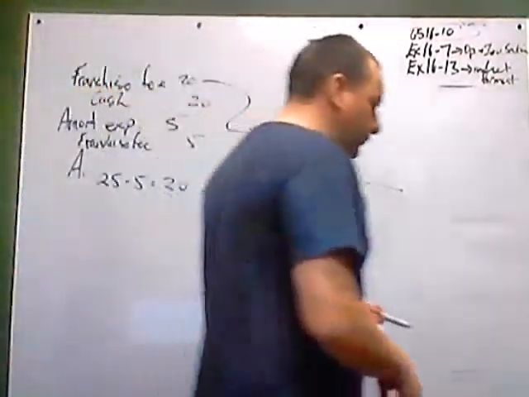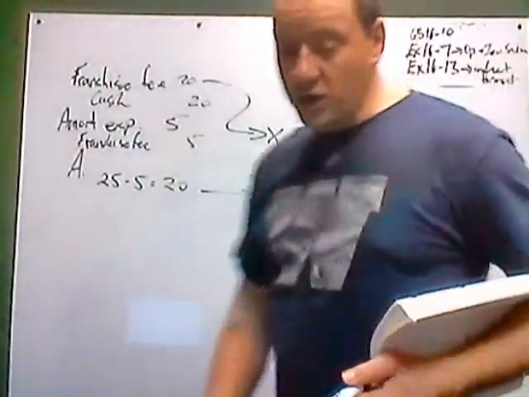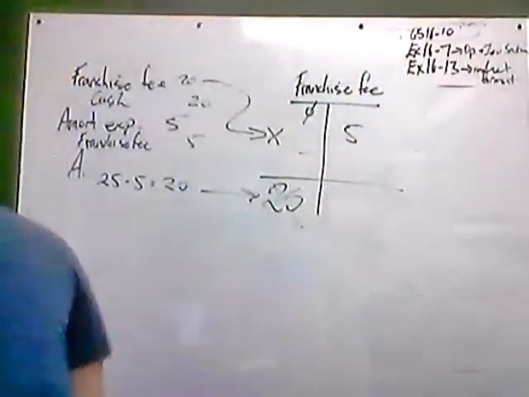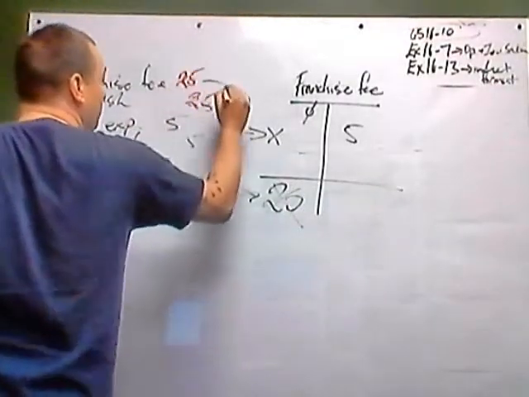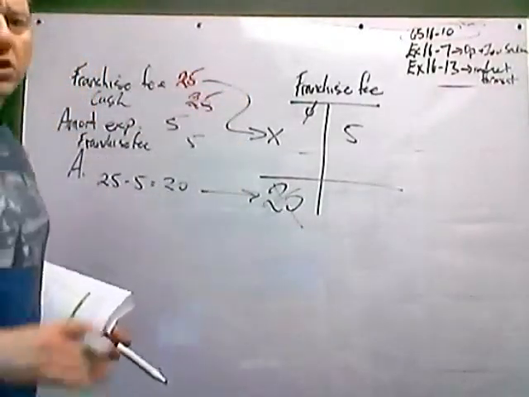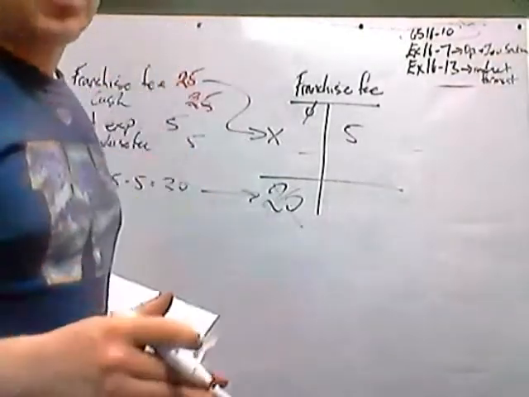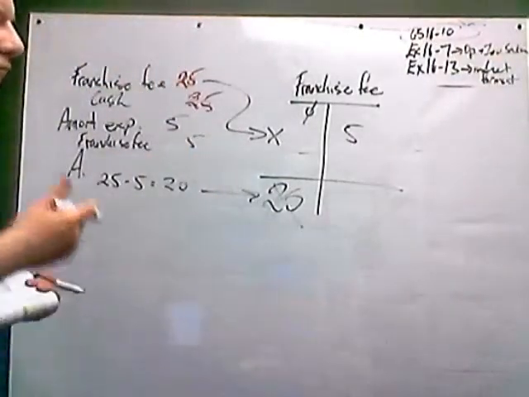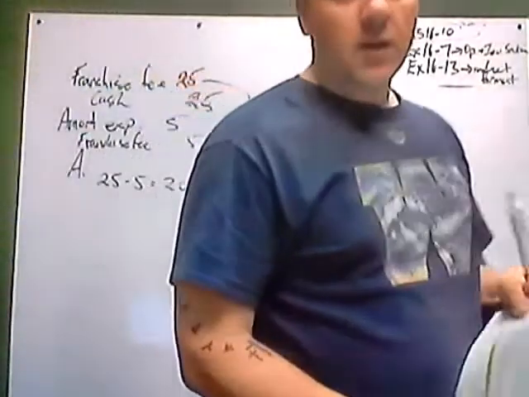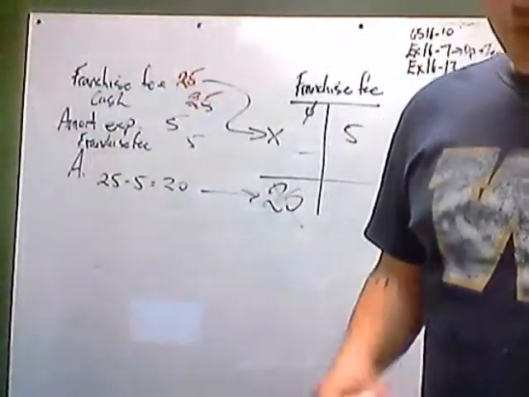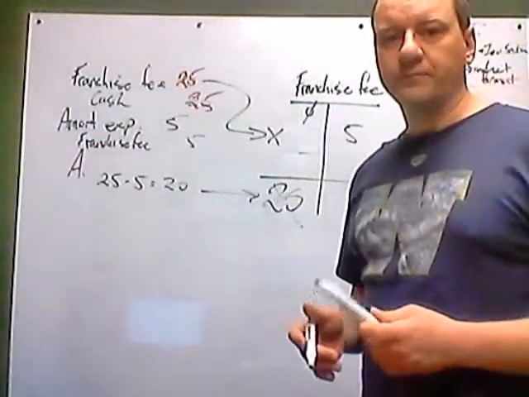So again, the franchise fee we must have paid is not $20, but $25. Again, you need to reconstruct your accounts when you're doing the investing section. That's probably the most difficult part.